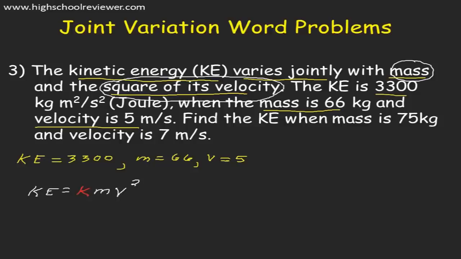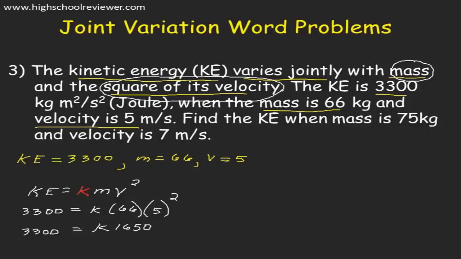We can now find the value of K. Our KE is 3,300, equals K. Our mass is 66 and our V is 5, but this will be raised to the power of 2. So 3,300 equals K times 66 multiplied by 5 raised to 2, which is 25. So that is K times 1,650.